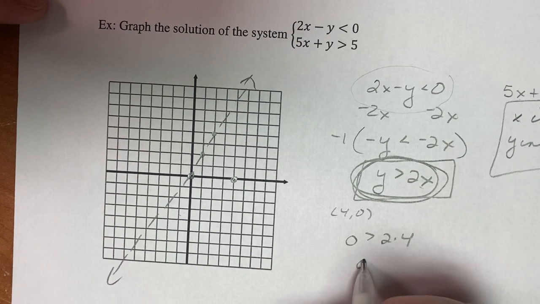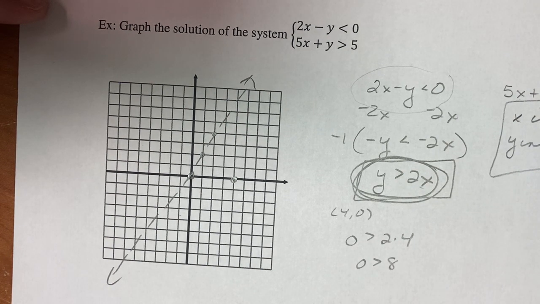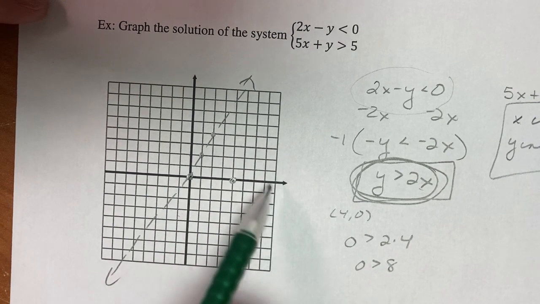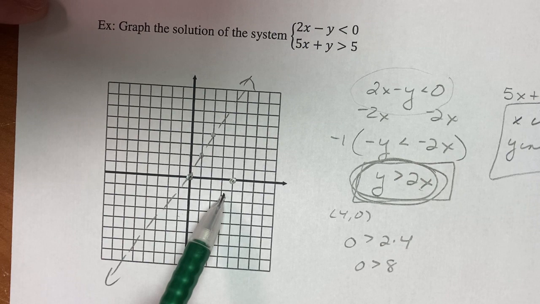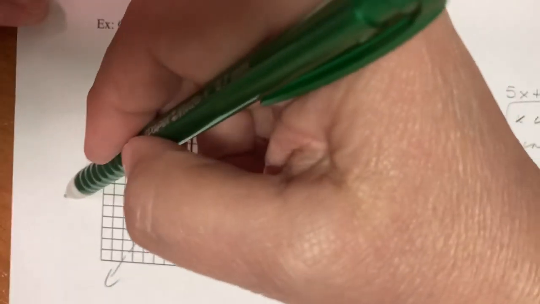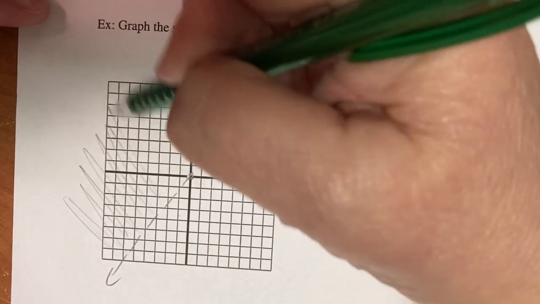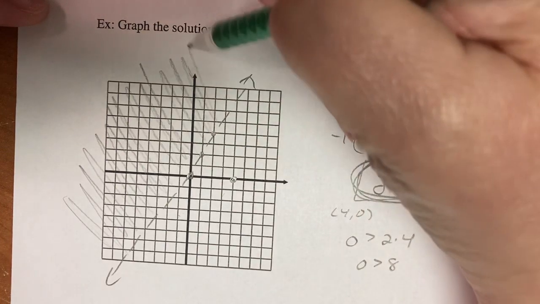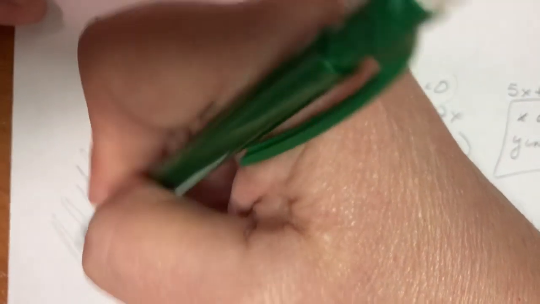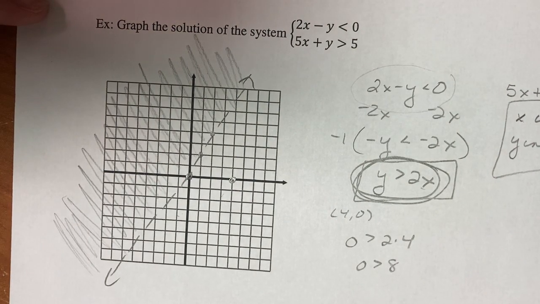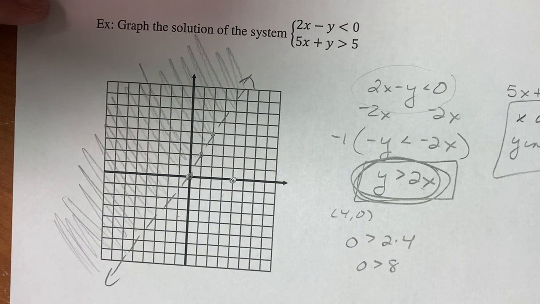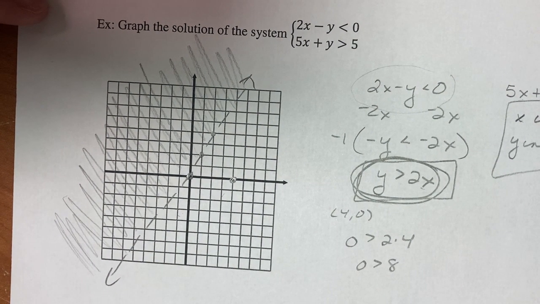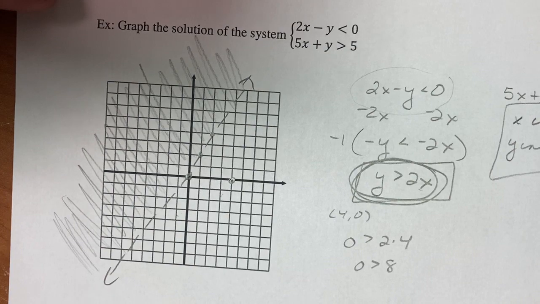It says 0 is greater than 8. Yeah, that is not true. So that means I'm not going to shade this side of the line where 4, 0 is. I'm going to shade this side of the line. I'm going to do that kind of lightly because remember my solution is where the shadings overlap for both of them. Because I'm only halfway done.